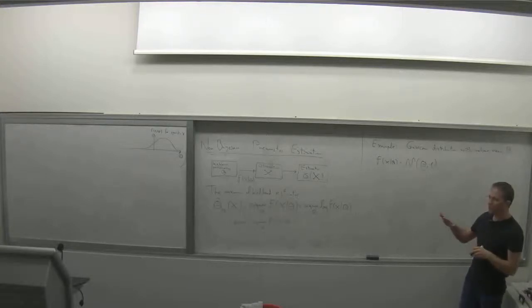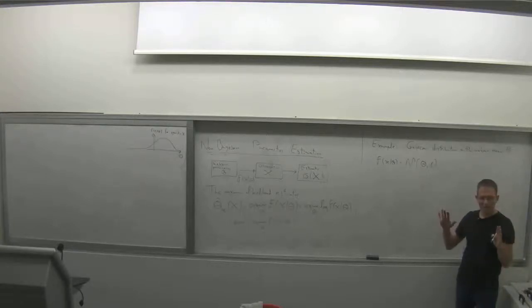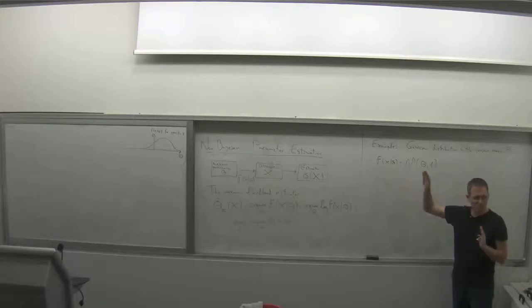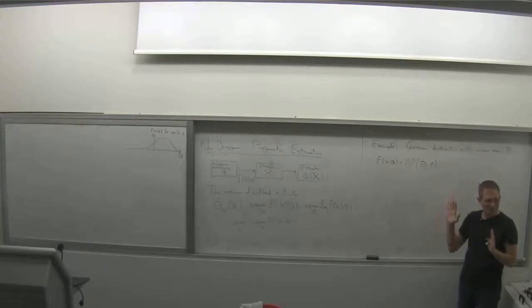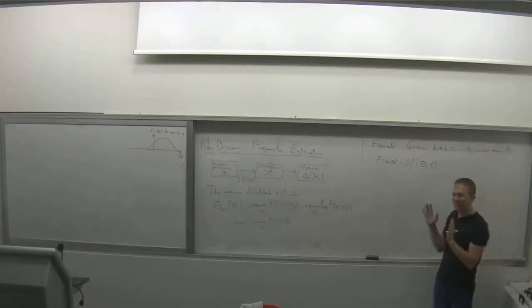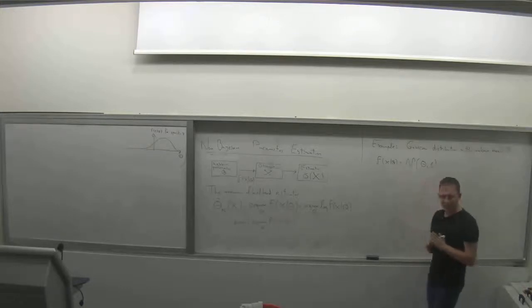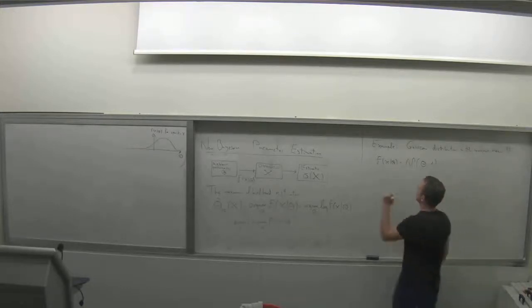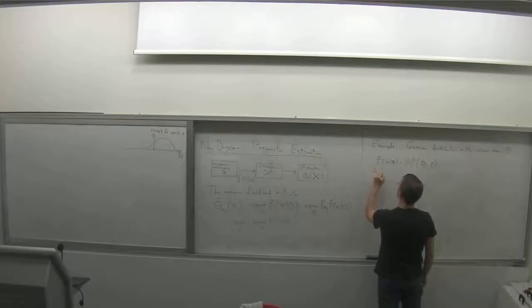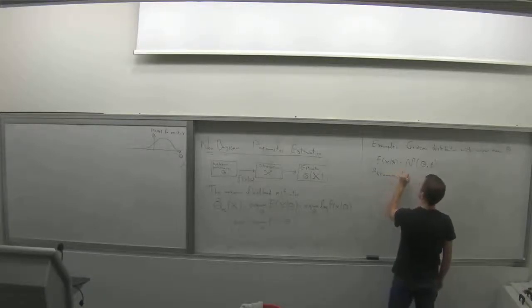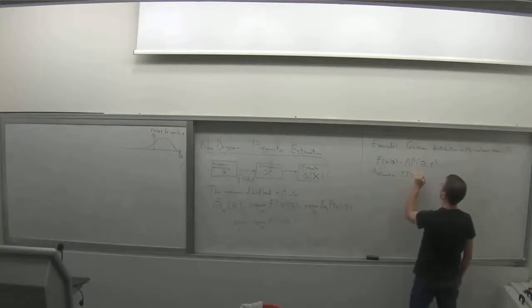From now on, all distributions will only be over x, so it's less confusing than the Bayesian case, in the sense that there's only one thing that things can be distributed over. And let's assume an IID sample.